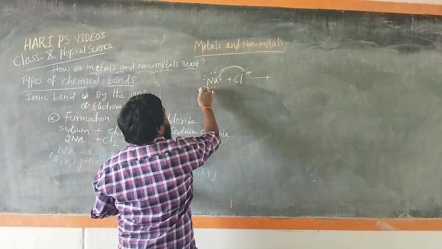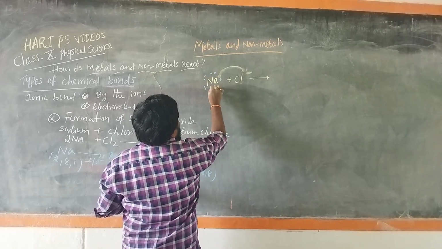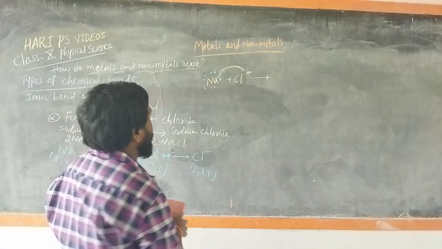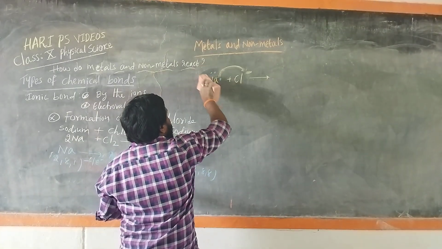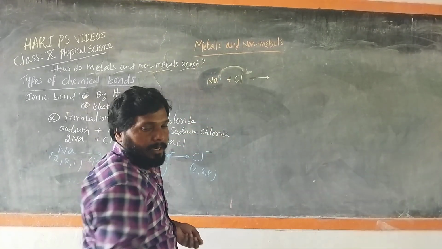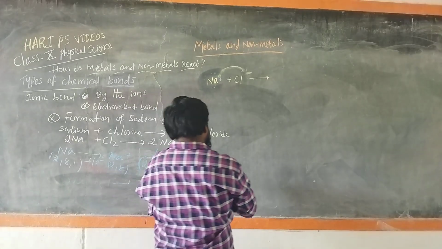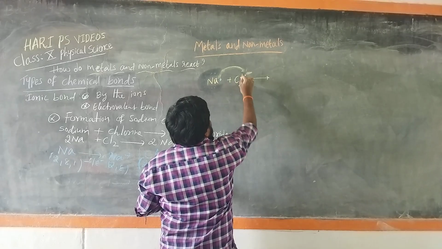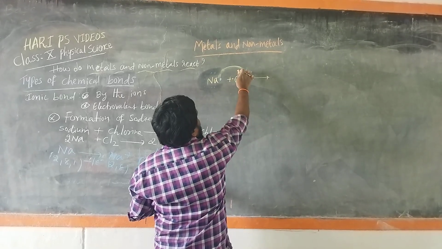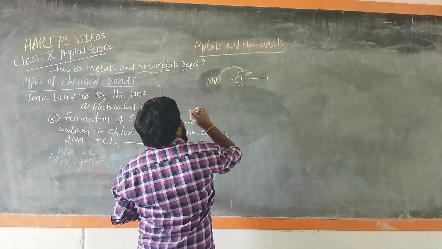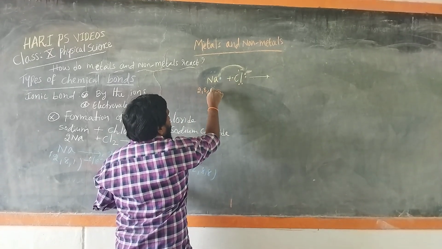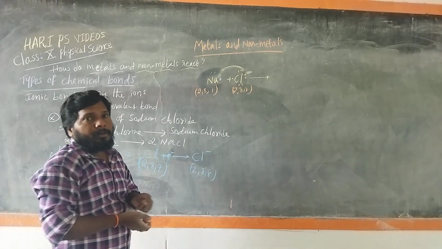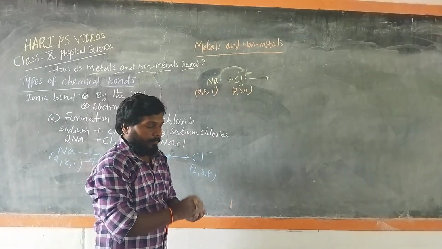Instead of showing all the electrons, you represent only the valence shell electrons. Sodium has 2, 8, 1 and chlorine has 2, 8, 7, but here we can represent only the outermost electrons.